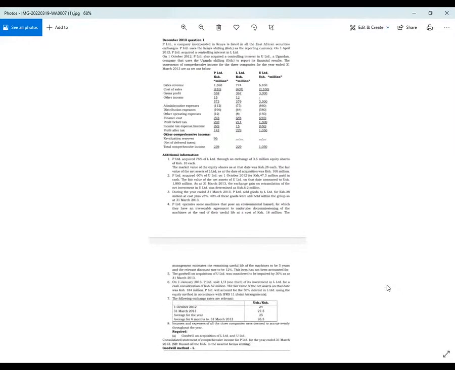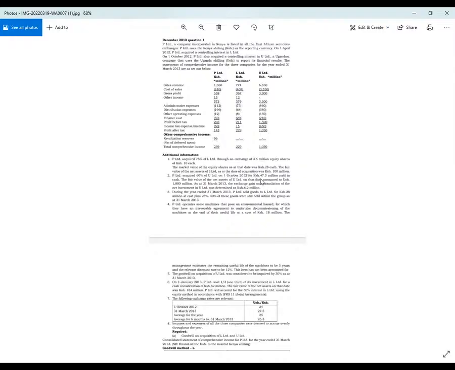1st October 2012 was 24. 31st March 2013 was 27.5. And the Uganda subsidiary was acquired on 1st October 2012. You can see P Limited acquired 60% of Uganda on 1st October 2012 for 47.5.